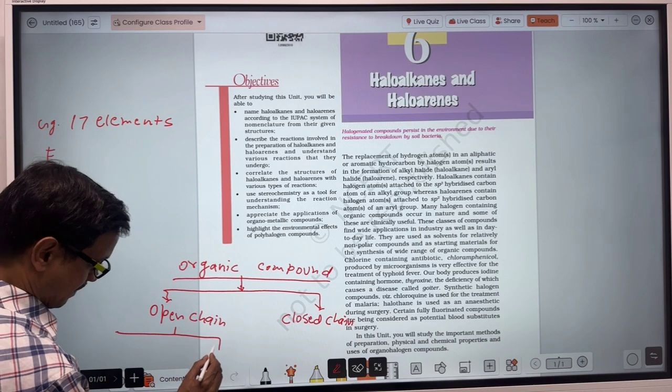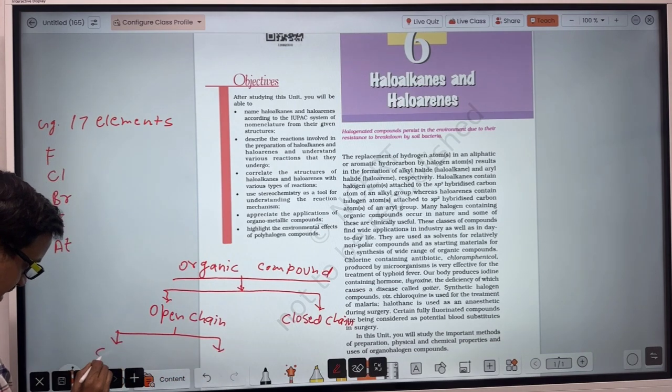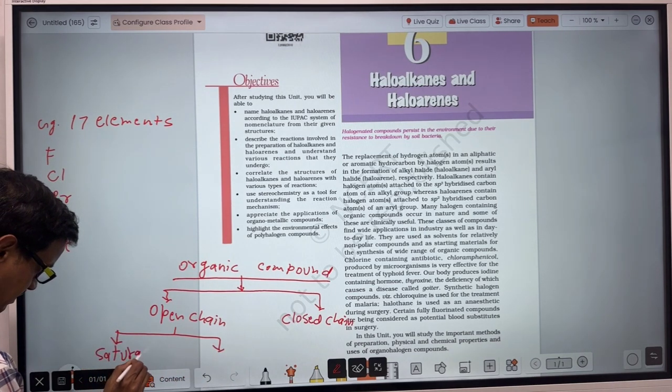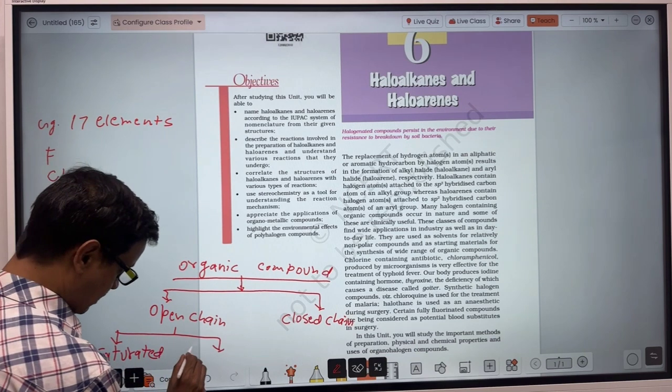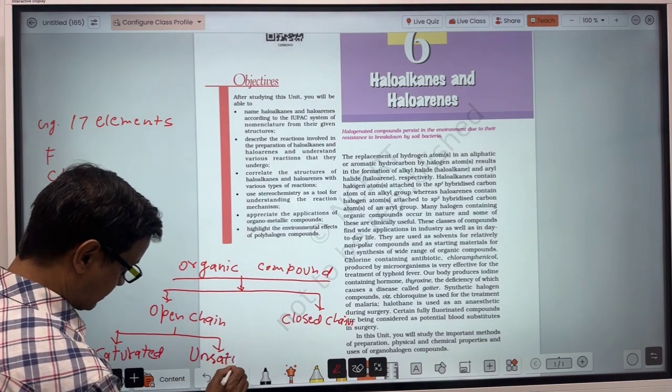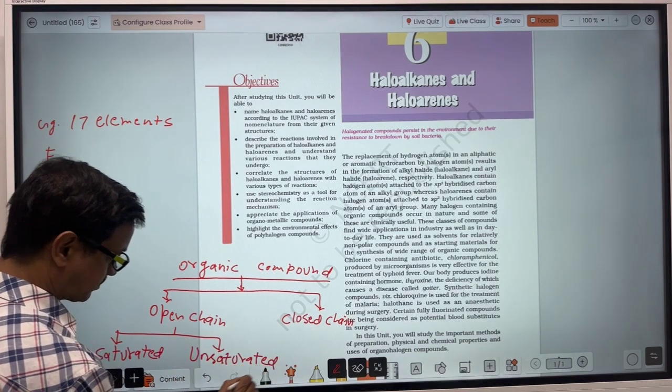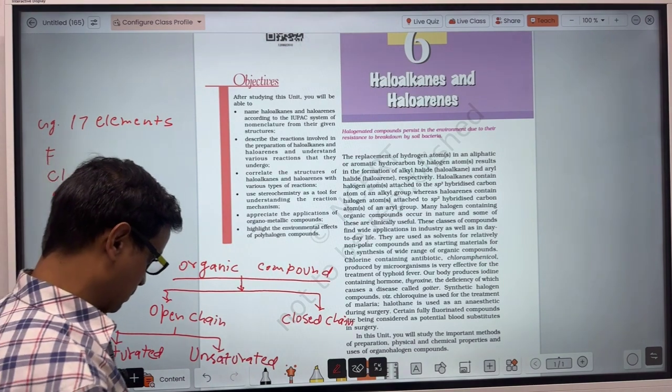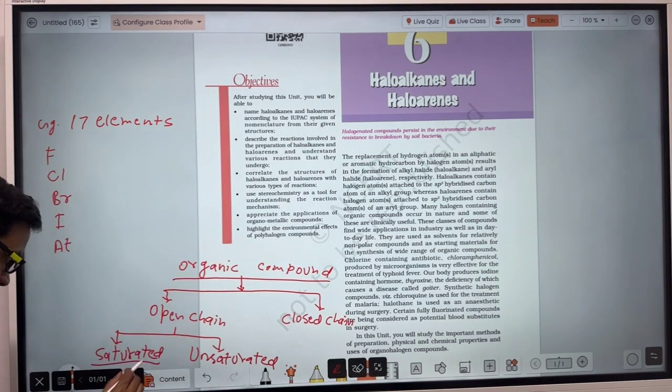This open chain is of two types: one is called saturated and the second one is unsaturated. Saturated means that in the molecule there will be only sigma bonds between all the carbon atoms.